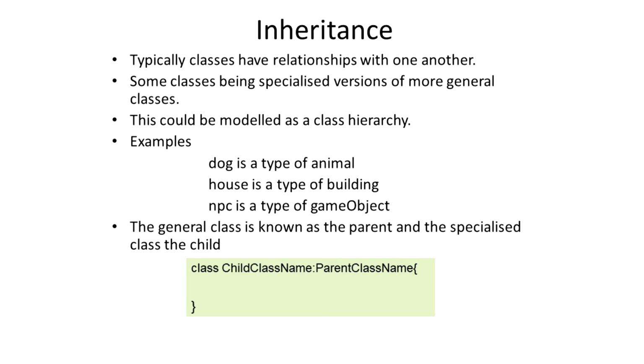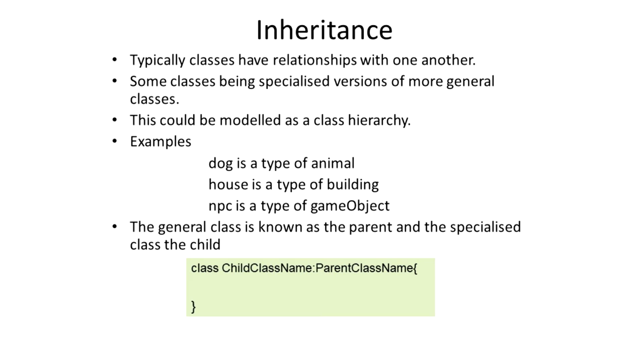That then allows the specific types to draw from that common pool of shared functionality and data members. So this is what we refer to as inheritance, where we can set up a general class that the specialized classes, like the different types of player, can inherit from. So that's the underlying concept. And here we've got some different examples, such as a dog is a type of animal, as is a cat.